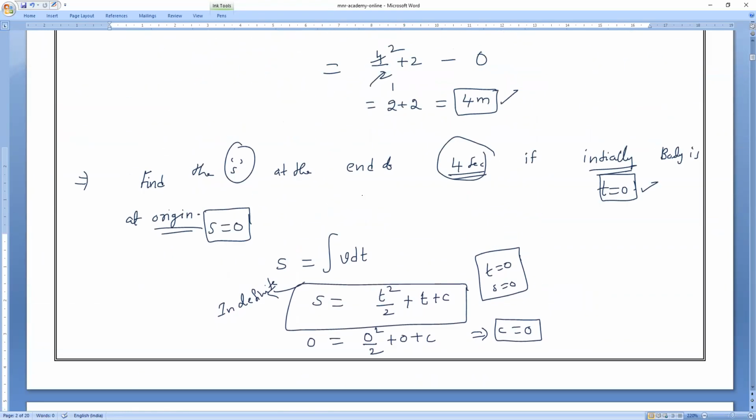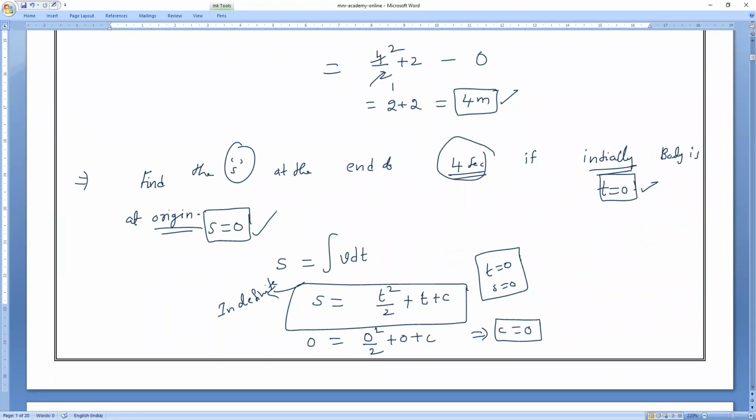But have you noticed, no limits are provided. That is why we are doing this. Initially the body is at origin, which means t is equal to 0 and displacement is equal to 0. So with that data, we find the C value.